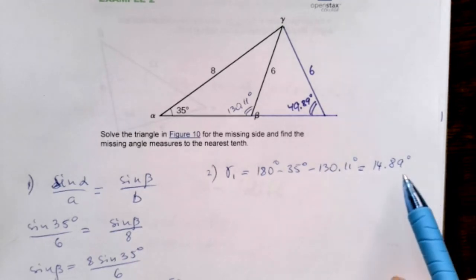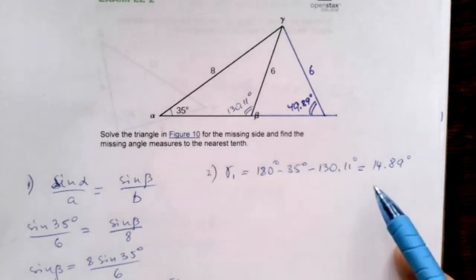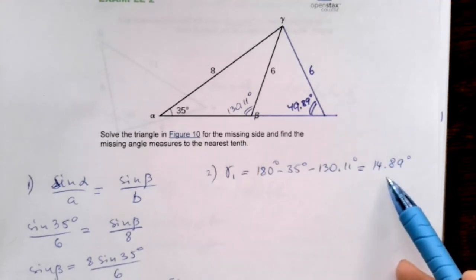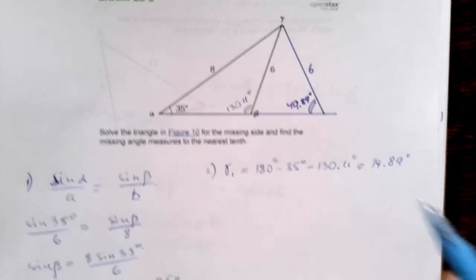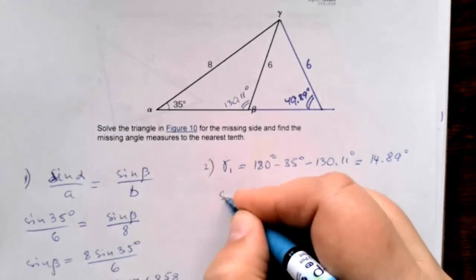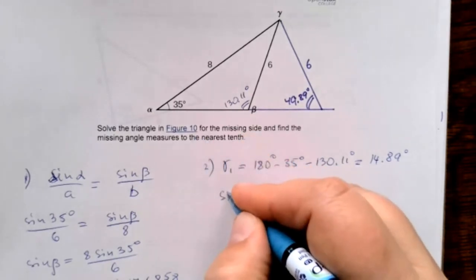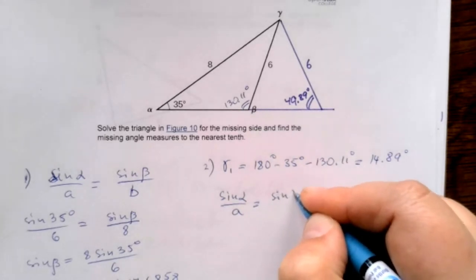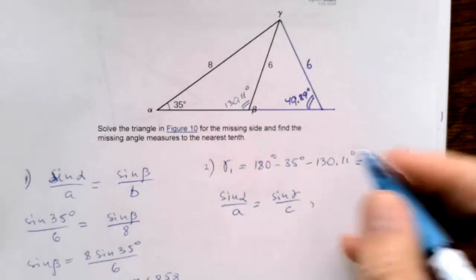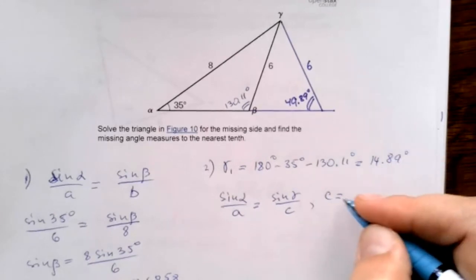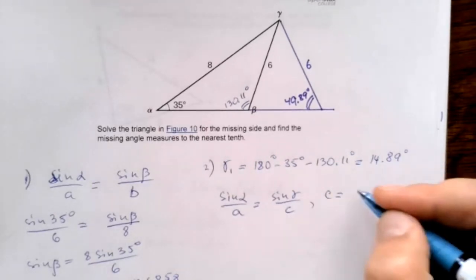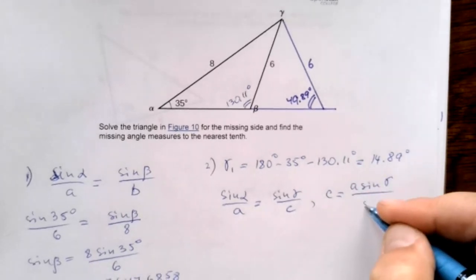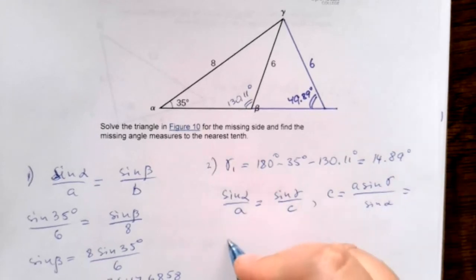So let's find our side C according to the measure of angle gamma that we found. We're gonna use sine alpha over A equals sine gamma over C. That gives us C is A times sine gamma divided by sine alpha.